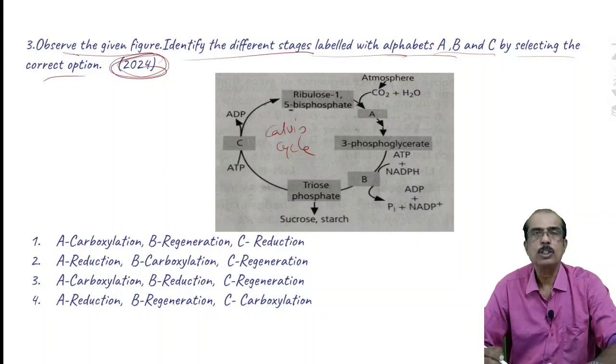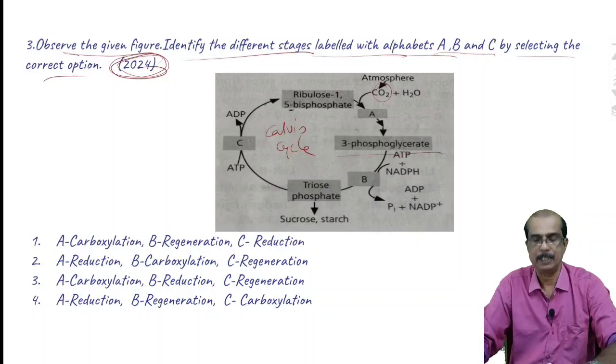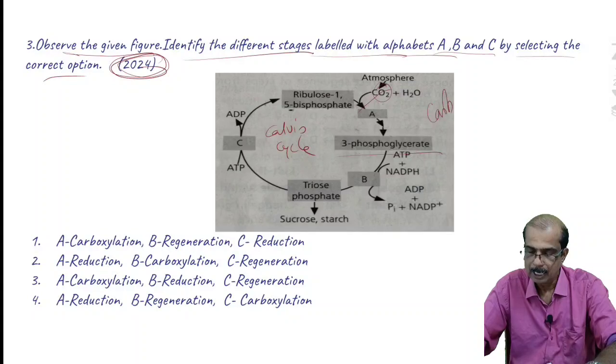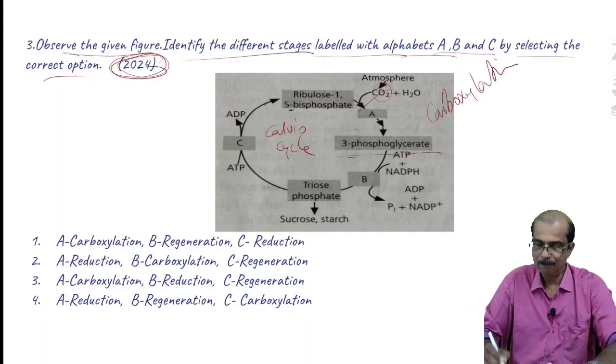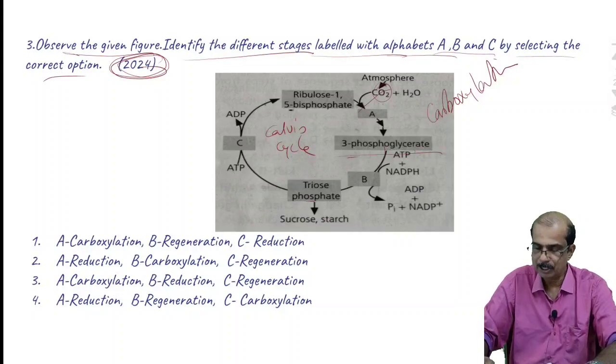Yes, ribulose 1,5-bisphosphate accepts carbon dioxide and produces 3-phosphoglycerate. Here carbon dioxide is added, so there is carboxylation. Then 3-phosphoglycerate is reduced to form triose phosphate. There B stands for reduction.